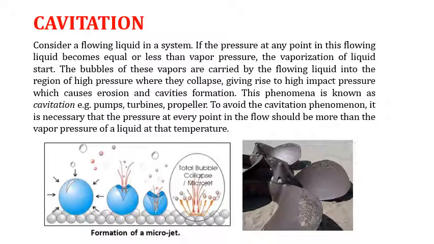So basically, to avoid it, we try that this condition never occurs and the pressure is always greater than the vapor pressure of the liquid. For this purpose, the diameter of the suction pipe is always kept larger than the diameter of the discharge pipe.